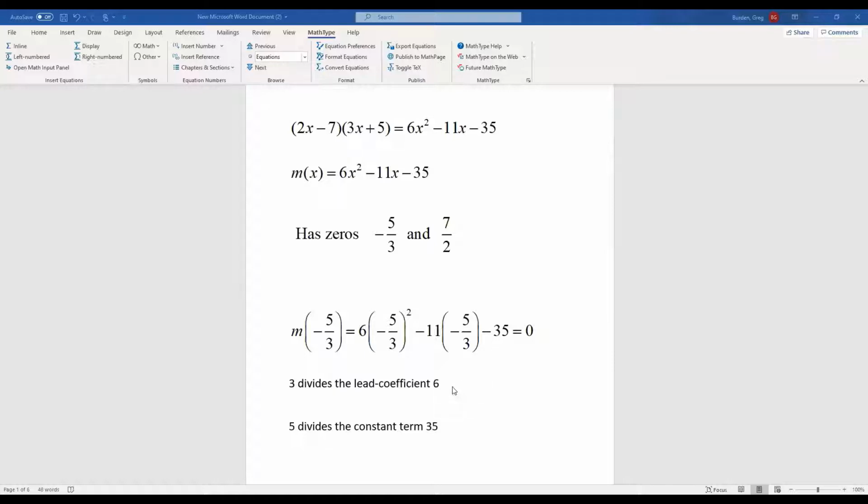What I want you to note here is about the denominator of this rational number. First of all, to remind you, a rational number is any number that can be written as a ratio of two integers. For example, negative 5 divided by 3: negative 5 is an integer, 3 is an integer, and you get negative 5/3.